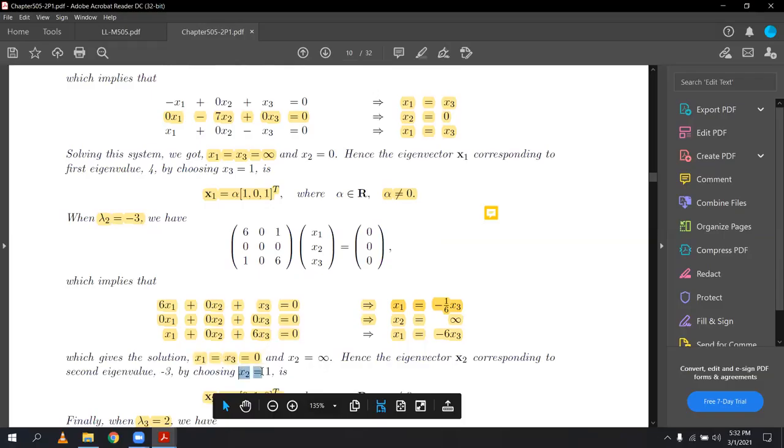Remember this point, please: your eigenvector should not be all elements 0. If you have something like this, it means it is a big mistake in your second portion.